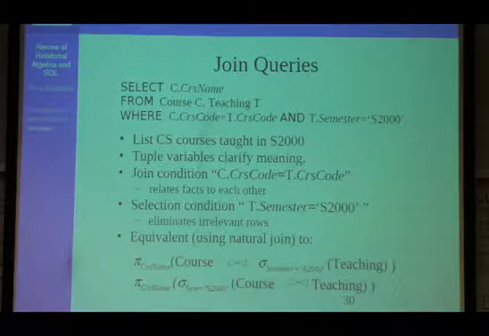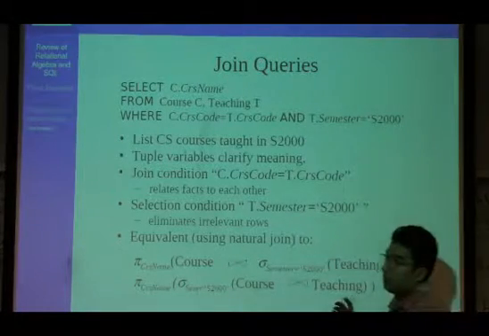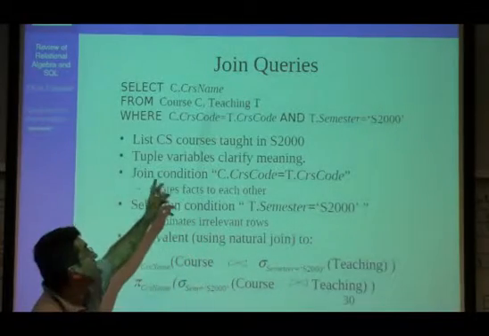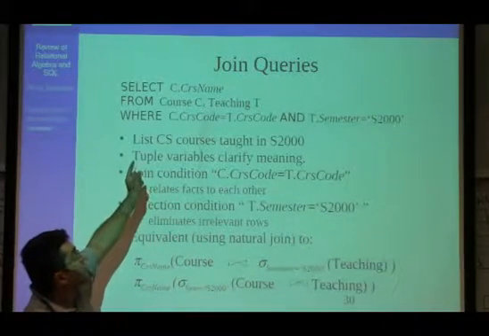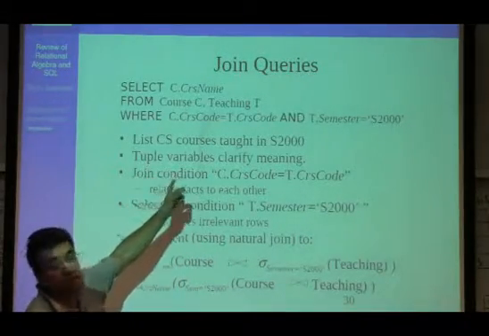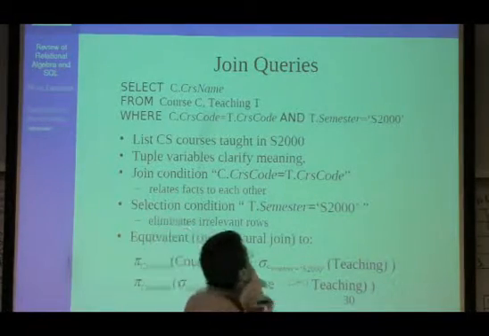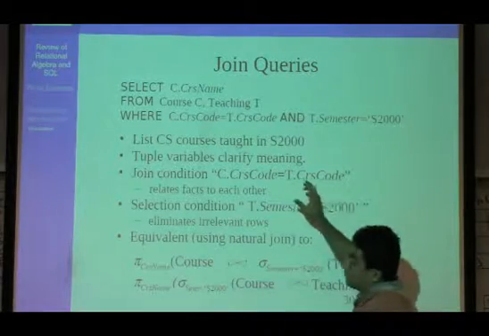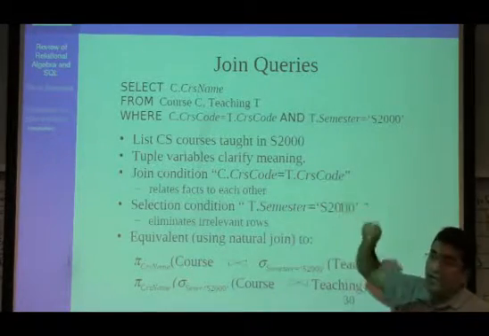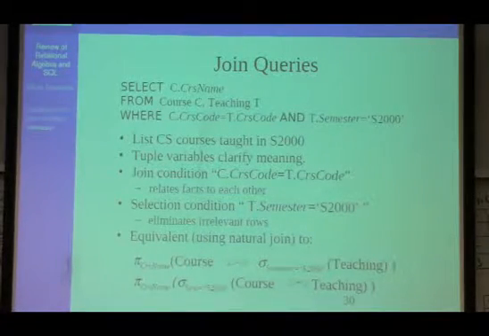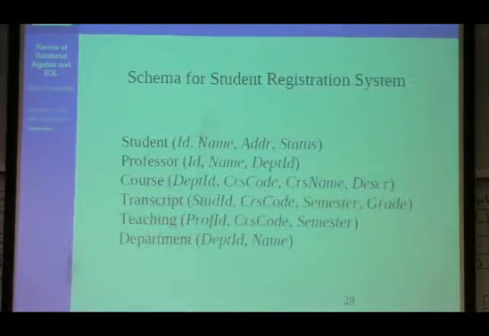Now, in order to compute the natural join, we have to match those columns with the same name manually. As you see here, for example, we have course C and teaching table as T. As you may remember, in order to natural join these two tables, their shared attribute is what?